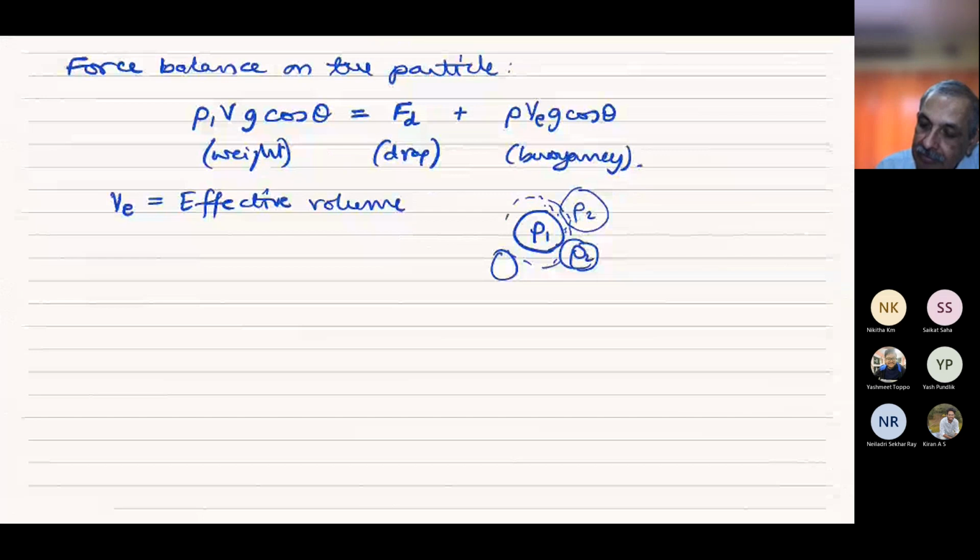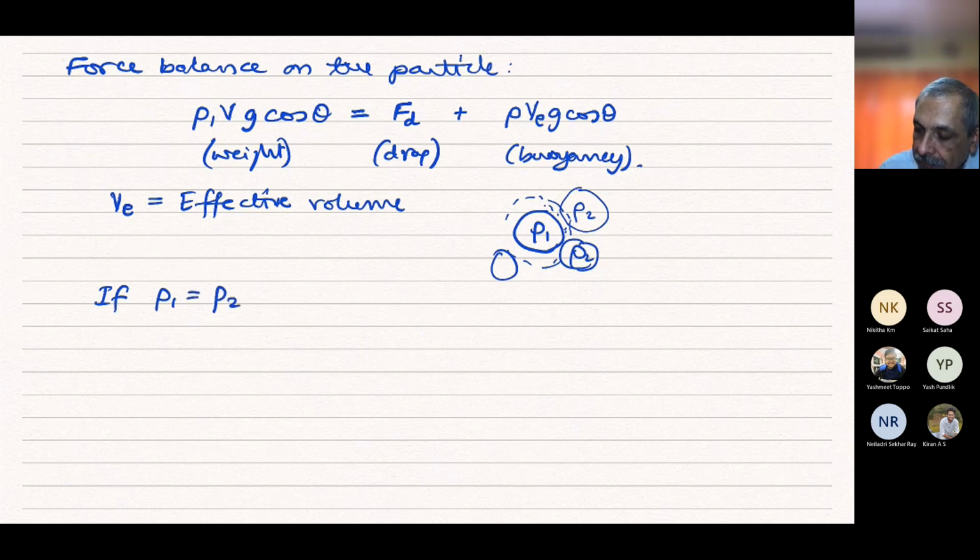Well, I can find out this effective volume very easily by just simply saying that if ρ1 is equal to ρ2, then the buoyancy force will exactly be equal to the weight, right?